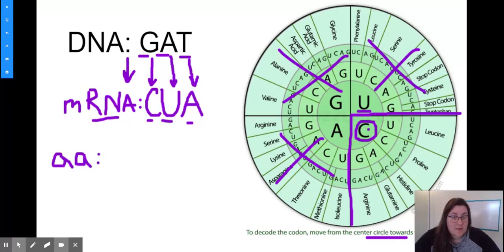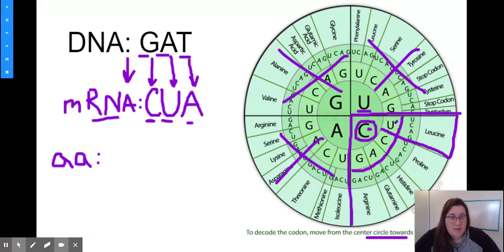Now that I know that C is here, I have to look at these four options and figure out what the next letter is. I already coded for that. It's a U. So I go from C and then I go to the U that's right there, and then I'm only going to be working in this quadrant. I kind of already know the answer, but we're going to keep going anyway.